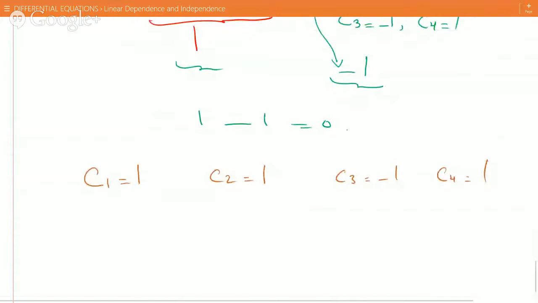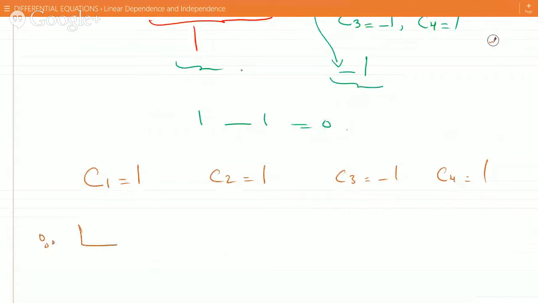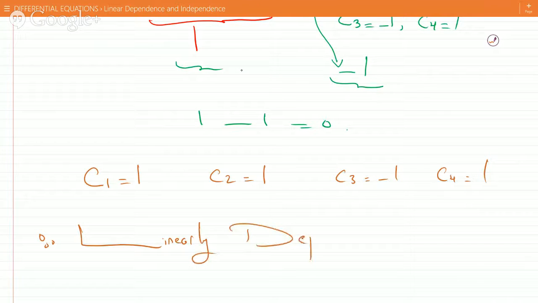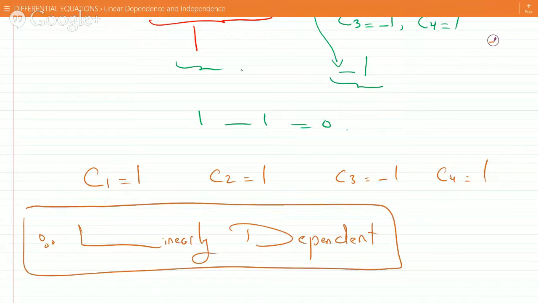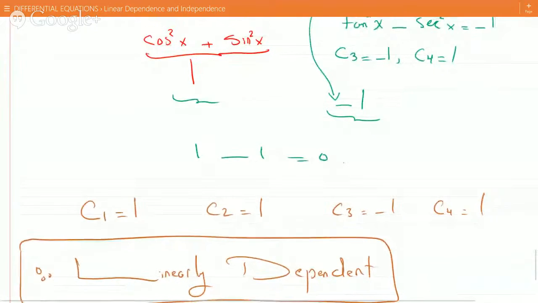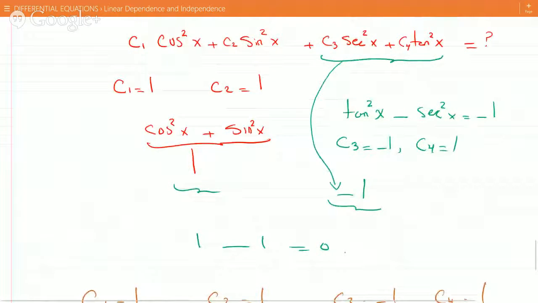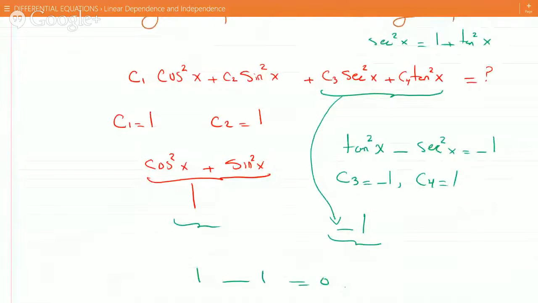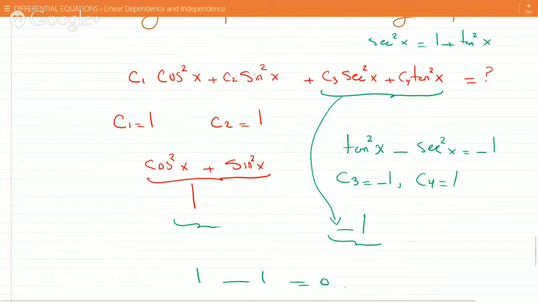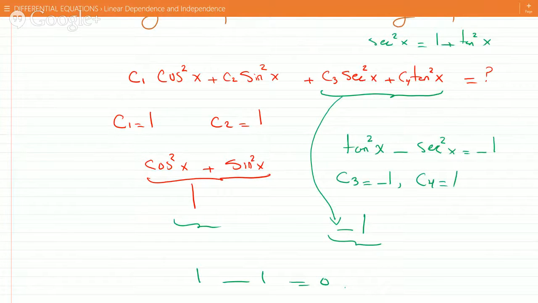So therefore, linearly dependent. Does it make sense? It's very simple, what I did. I made cosine squared plus sine squared equal 1, and secant squared plus tan squared add up to minus 1.